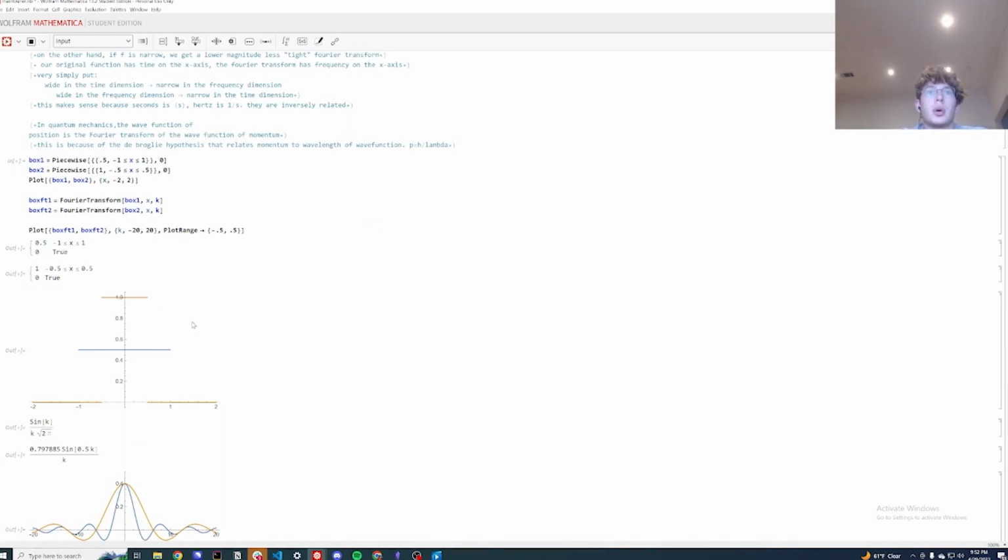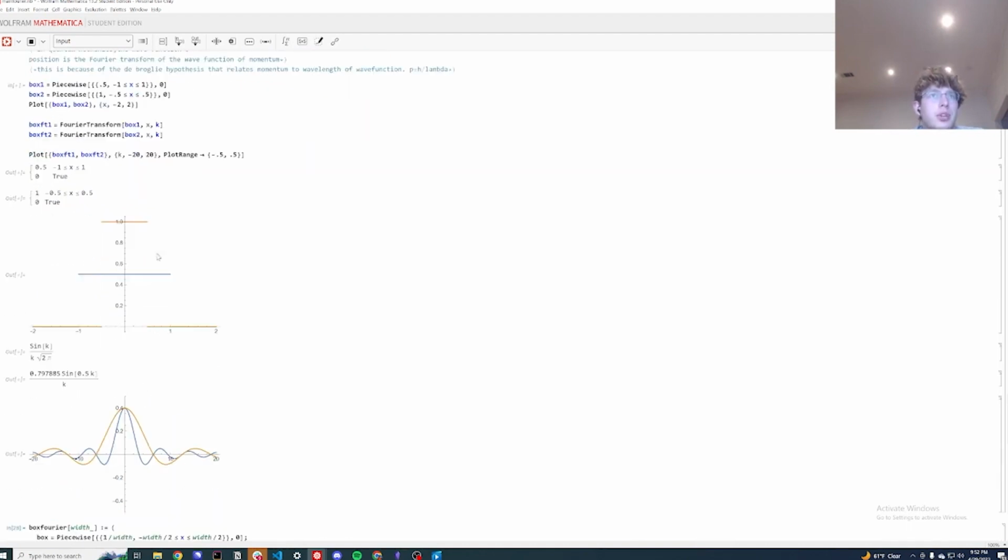This is just like particle in a box. Pretty straightforward. We have blue, less certain, it's a bigger box, we don't know where. We have a less certain idea of where the particle is, between -1 and 1, whereas we have the orange one, which is between -0.5 and 0.5. And then we take the Fourier transform, which is de Broglie's hypothesis, to get the momentum.